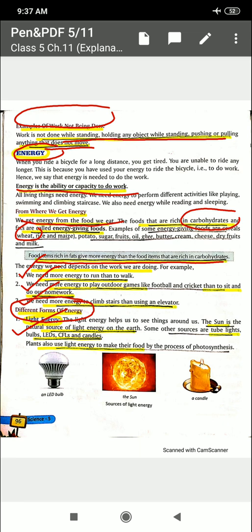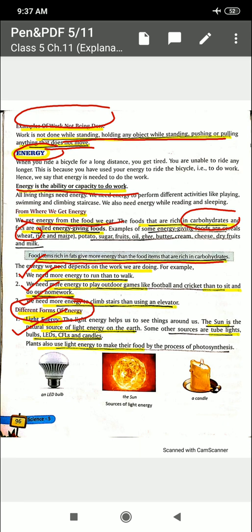And from where do we get energy? We get energy from the food we eat. Which two nutrients are energy giving foods? Carbohydrates and fats. That means the food items which are rich in carbohydrates and fats are the energy giving foods. And fats give almost double the amount of energy compared to carbohydrates.